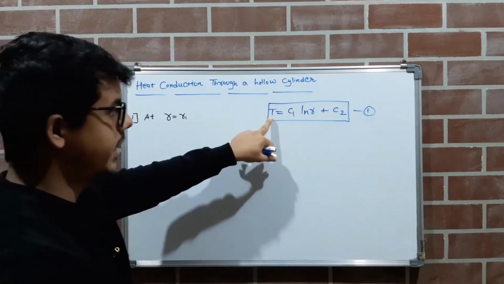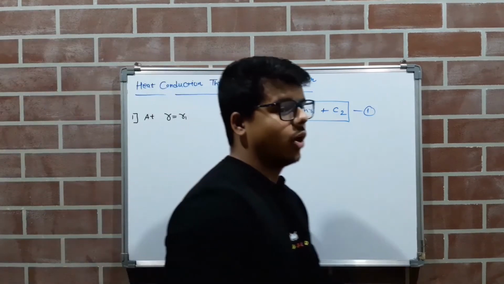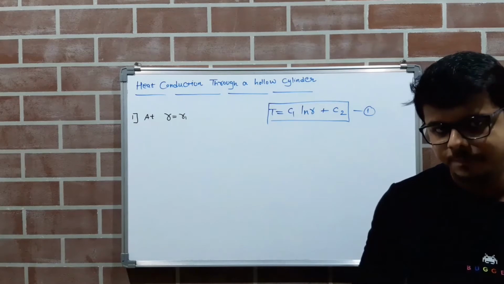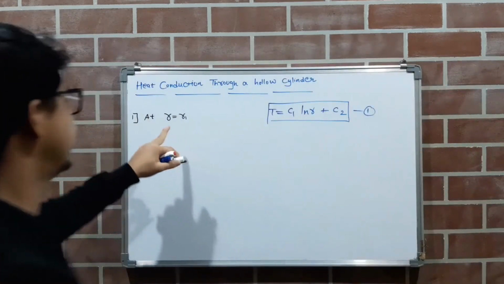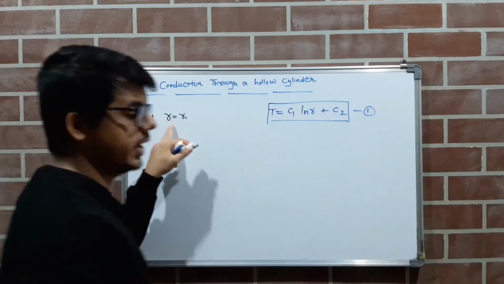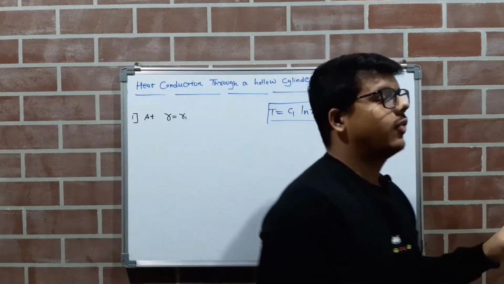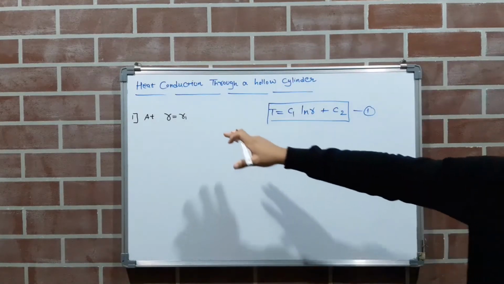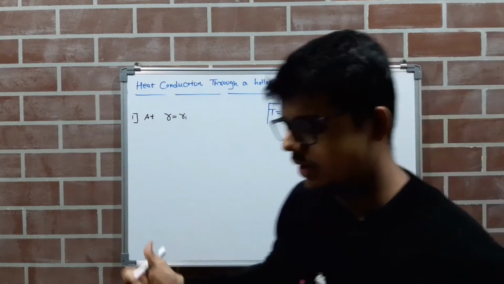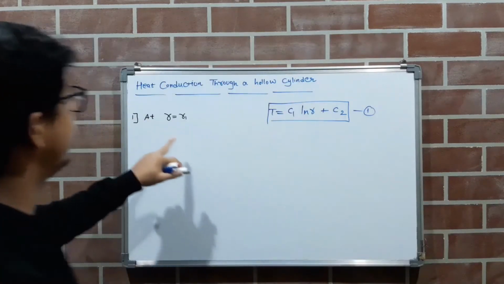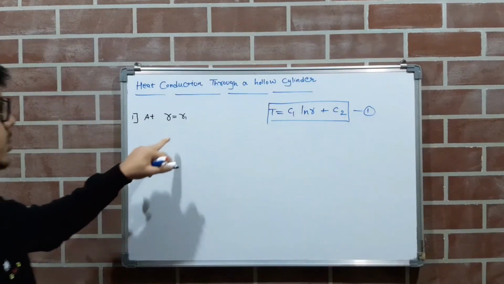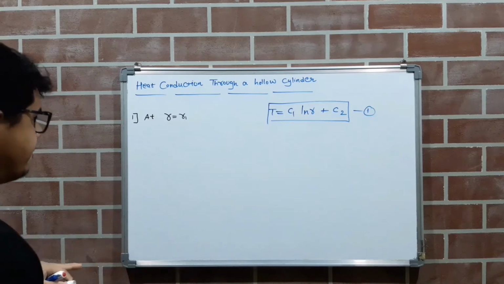This temperature T is the temperature of that elemental hollow cylinder, and this r is the distance of that elemental cylinder from the center of the hollow cylinder.